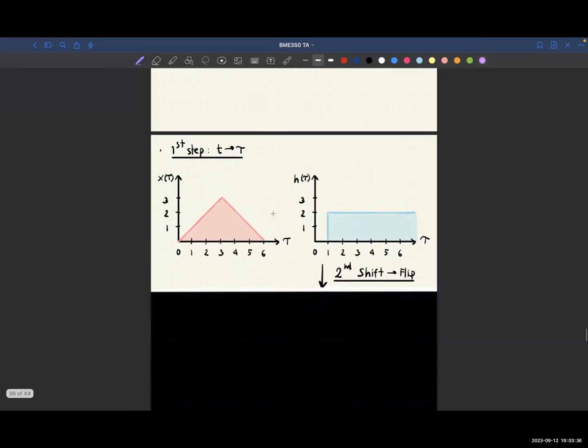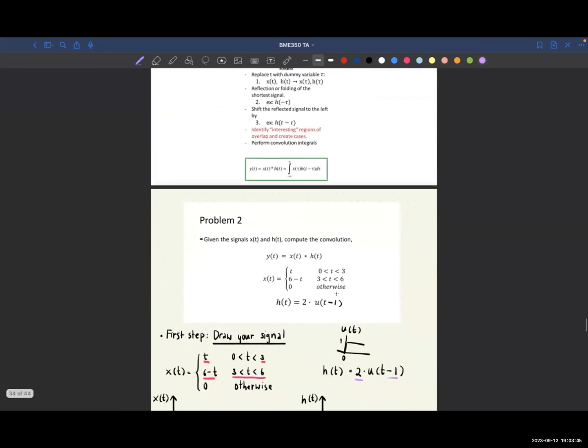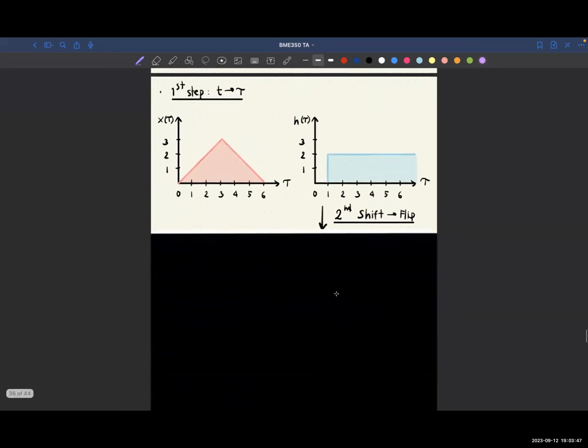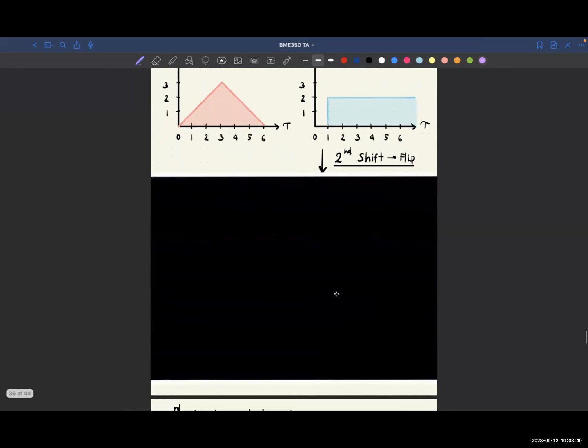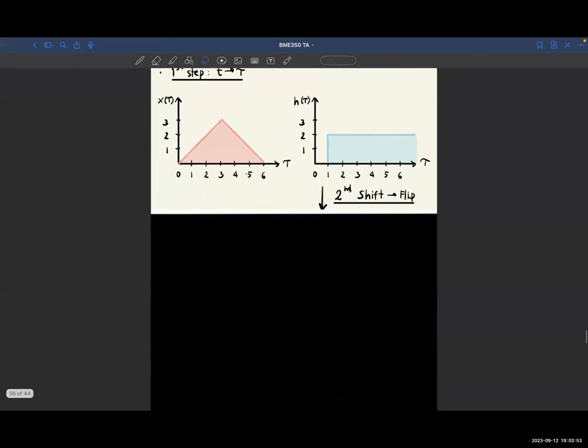And the second step is to shift and flip, as we see here. Even though it says flip and shift here, it is preferable to do shift and flip. And how are we doing that? Let's see.